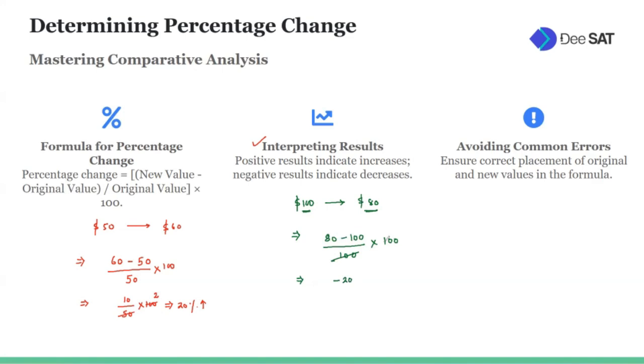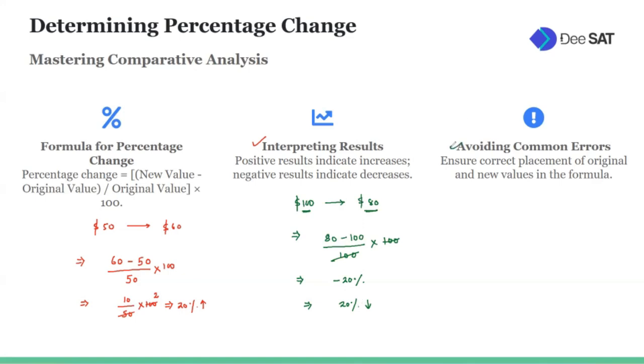Definitely 100 will get cancelled from the bottom. So negative 20%, a negative sign shows that there's a decrease. So we can say a 20% decrease is happening. So always remember, a positive result indicates an increase, whereas a negative result indicates a decrease.